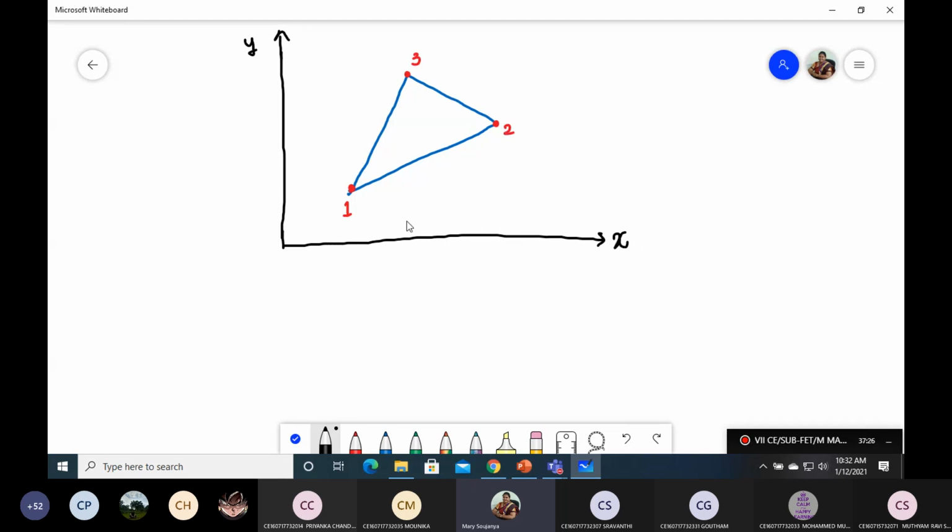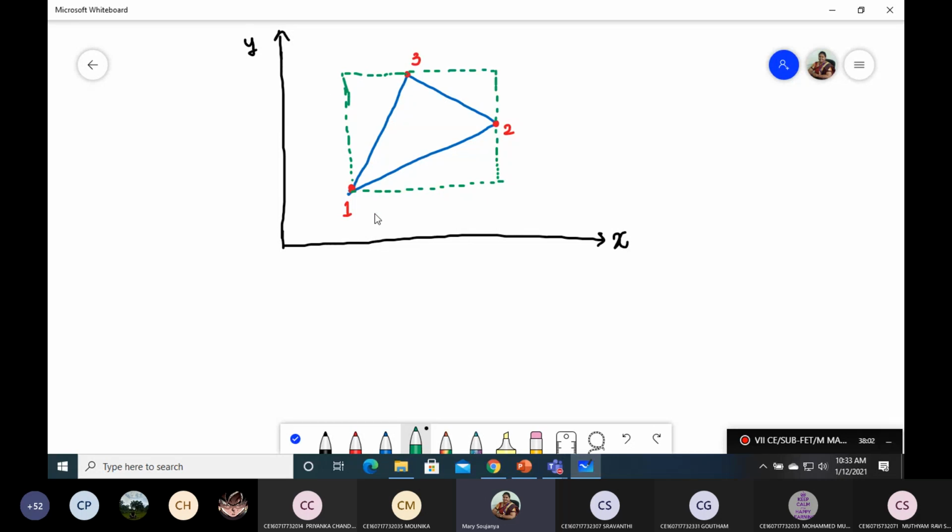Now, when we are going for the closed structure, what is happening here?